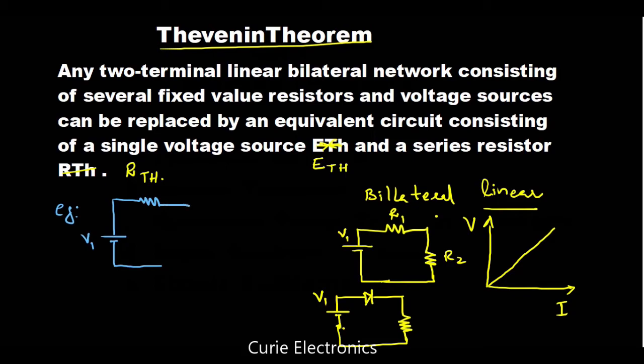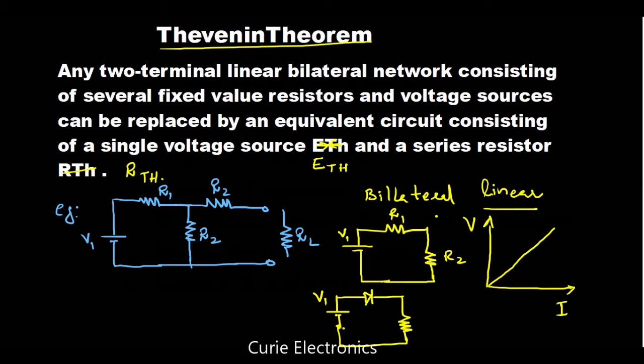There could be one voltage source or a number of voltage sources. And at this end we are going to connect the load RL. So like this, a network consisting of several resistors and voltage sources; in this one I am showing only one voltage source, but there could be more than 1 or 2 or 3 or 4.